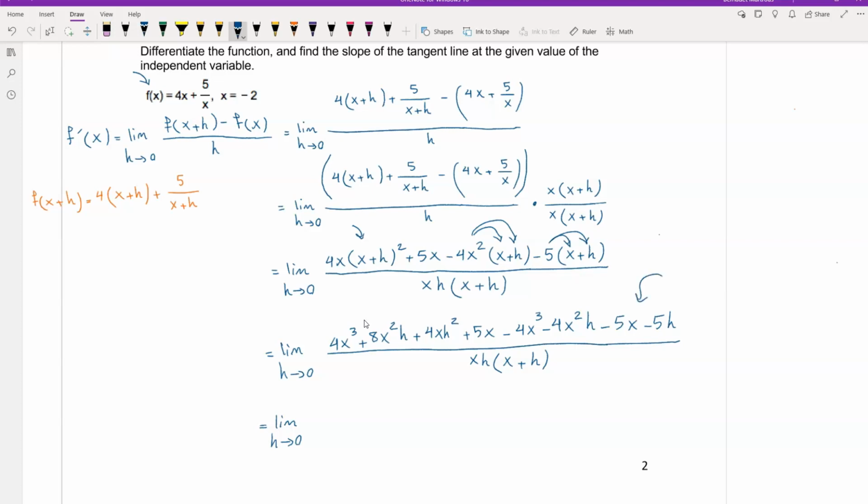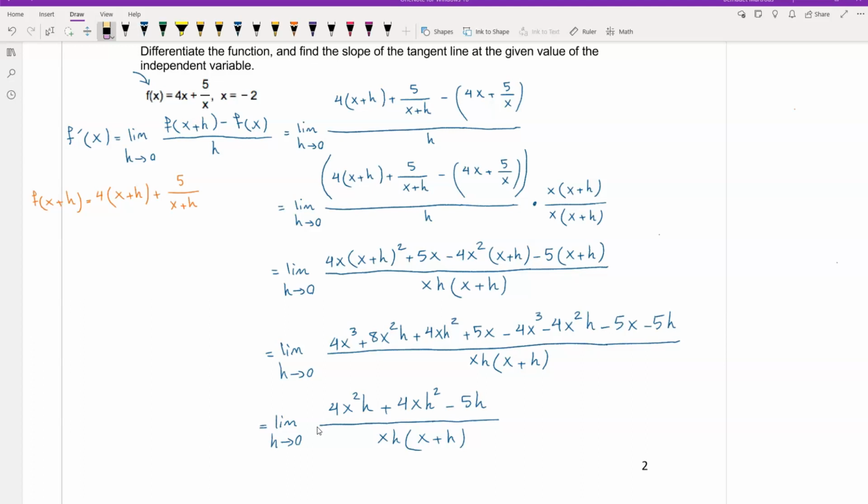Now we have to combine like terms. So what we have in the numerator, after combining like terms, is 4x squared times h plus 4x times h squared minus 5h. And the denominator, xh multiplied by x plus h.